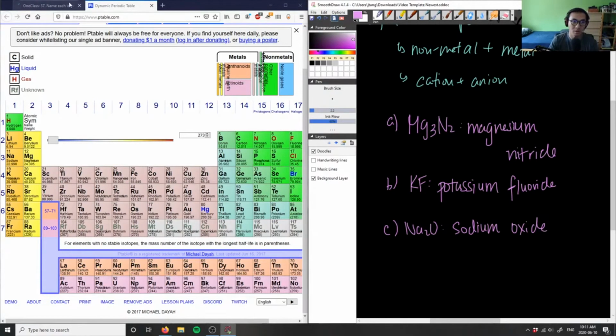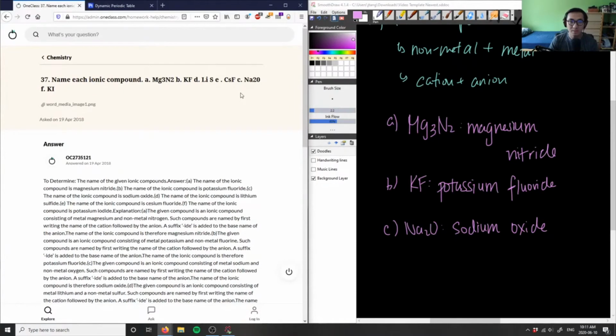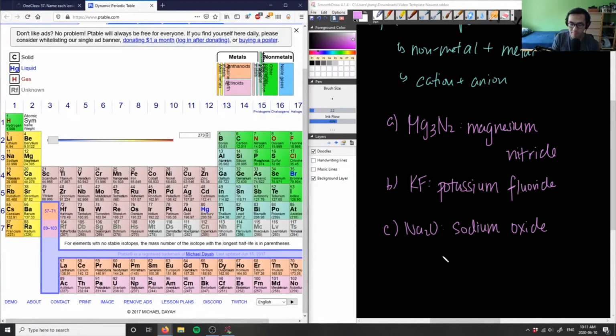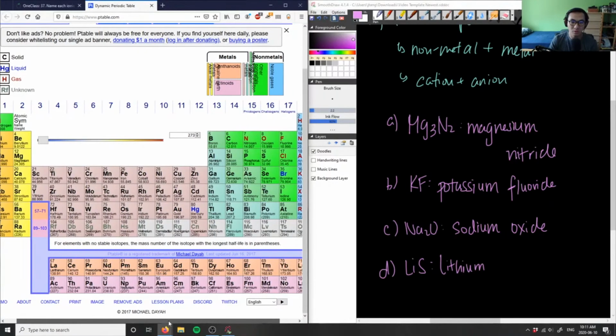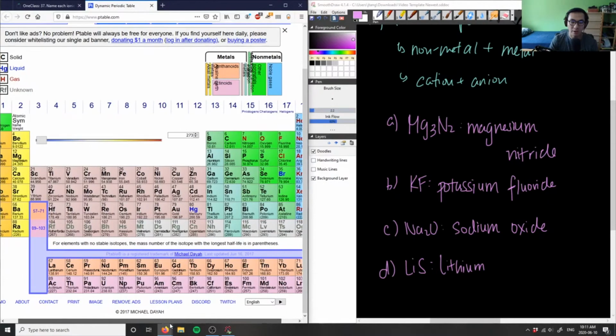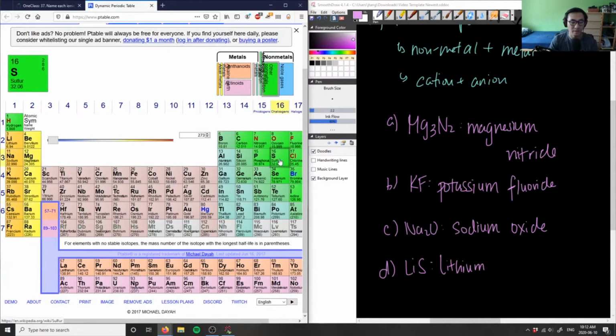For D, we have Li2S. Li is lithium. The S, as you can see, is sulfur. Again, I drop the ending and add IDE, so sulfur becomes sulfide. So this is lithium sulfide.